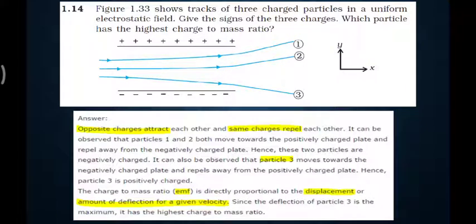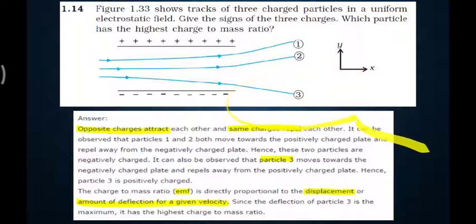What does it mean? It means that a higher deflection shows it has more charge. If you have more charge, you feel more electromotive force. I can remind you, F is equal to Q times E. You feel force F equal to Q times E. So if your charge is more, then you feel more force.